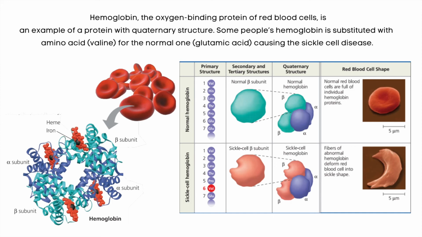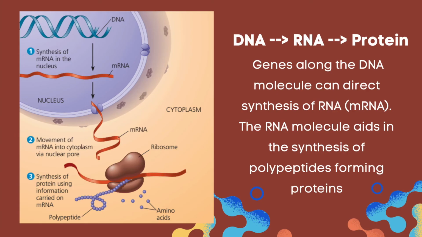A person with this disease could have clogged blood vessels impeding blood flow. And since the blood vessels are shaped like a sickle, it does not become a good carrier of oxygen necessary for circulation. We are now done identifying the components that make up nucleic acids and proteins.